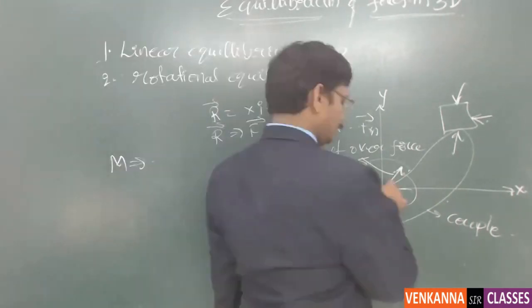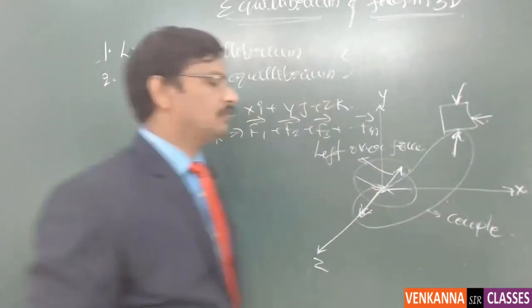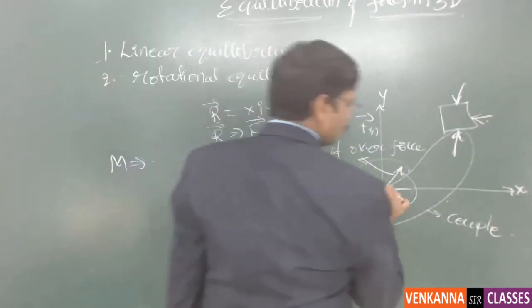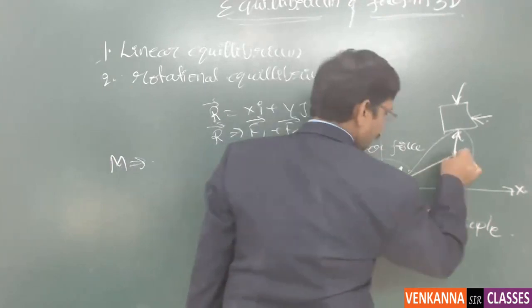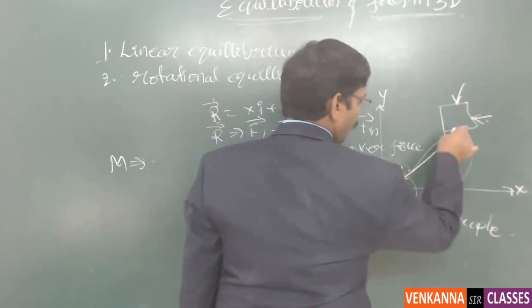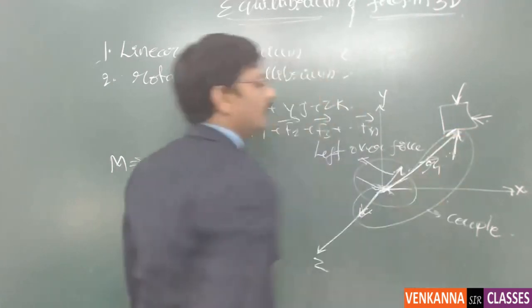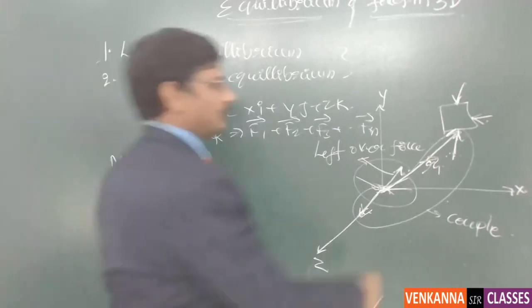So there is an associated couple, right? So this one force and this one force. Now actually this is the point of application of the force. If you take between these two, let us say, I call this point of application of the force as the R vector, R1, then R1 cross F1.